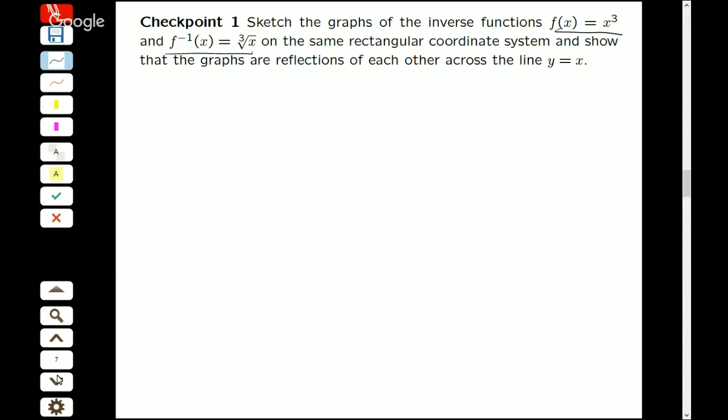You can get a reflection across the x-axis, and everything that goes up here goes down, but it stays in the same place.